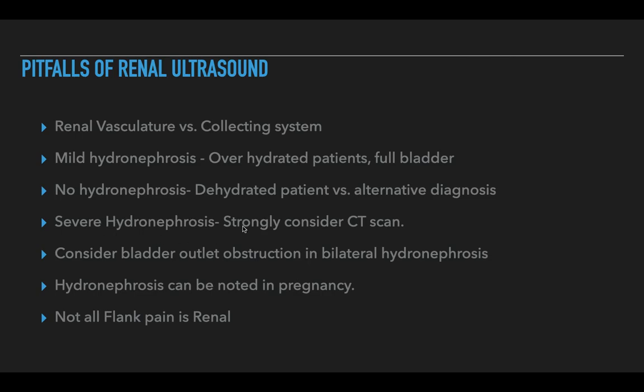And then if you have bilateral hydronephrosis, because both your ureters come to dump into your bladder, then you should definitely consider that you have some type of bladder outlet obstruction. So maybe it's that mass that's taken over where the ureters dump into the bladder, and so you now have bilateral hydronephrosis. If you see bilateral hydronephrosis, the cause is likely within the bladder.